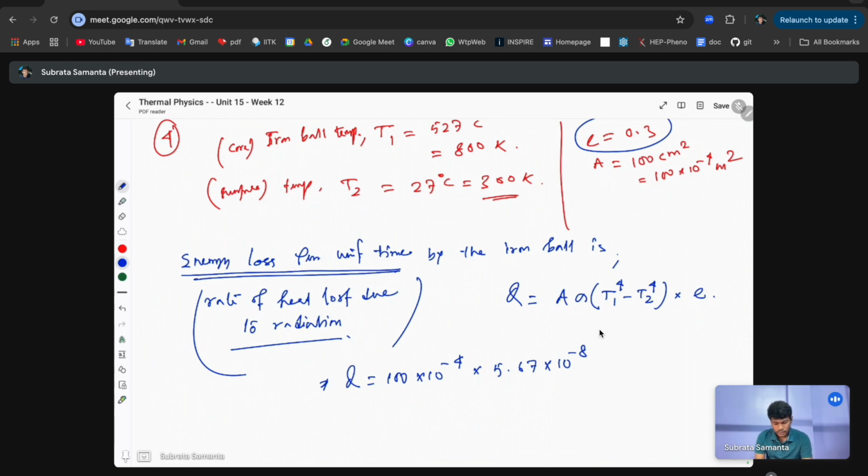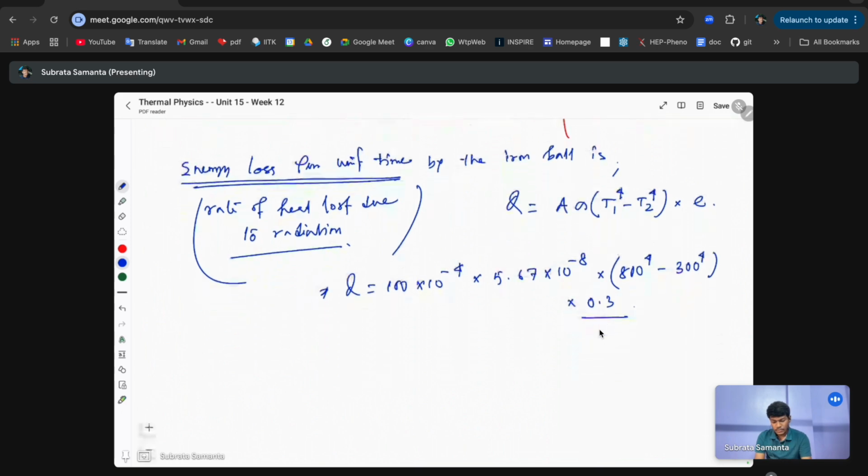T1 is 800, so 800 to the power 4 minus 300 to the power 4, times emissivity 0.3. The ultimate unit is basically joule per second.